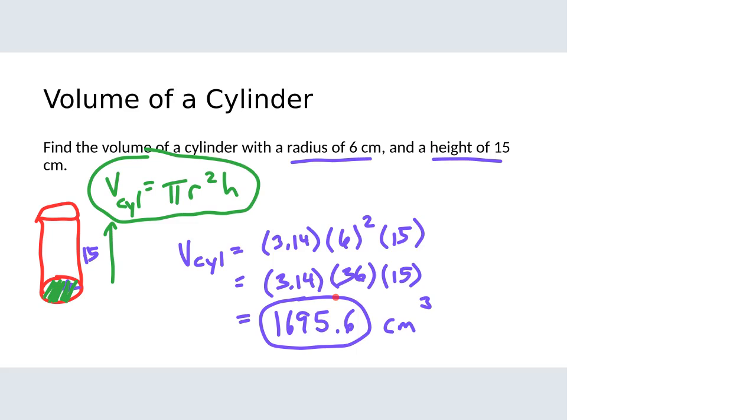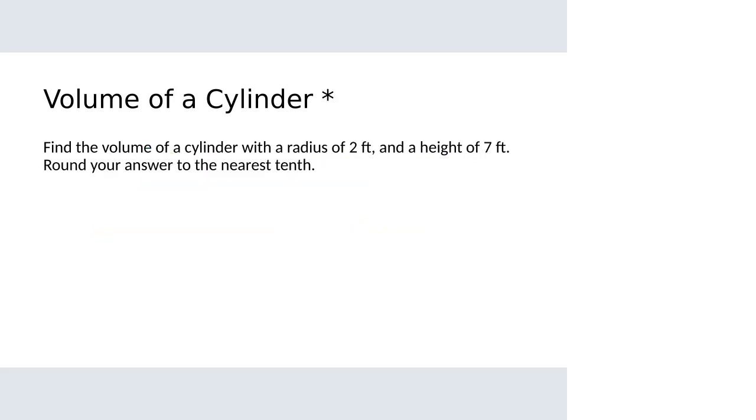Let me know if you have questions on this before I have you try one. Excellent. Okay, here goes. Find the volume of a cylinder with a radius of 2 feet and a height of 7 feet. Round your answer to the nearest tenth.